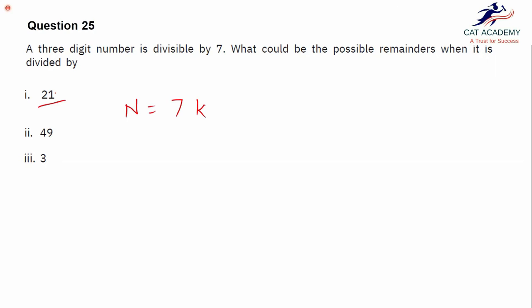Can you tell me what is the connection between 7 and 21? 7 3s are 21. Third multiple it is. That's all. By the way, here k should be a natural number, right? Because k is a quotient. So k should be a natural number.